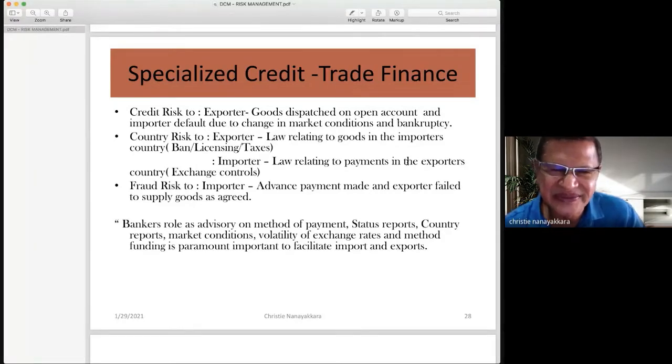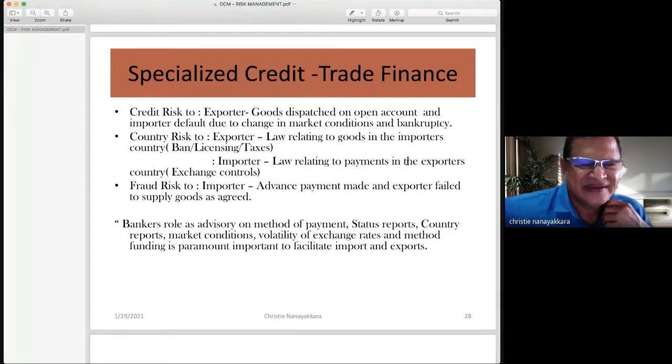I use the same slide to show how you can structure a facility, because by structuring you can also mitigate risk. As I told you, for a housing loan you don't give an overdraft facility. Similarly, trade finance needs a lot of structuring, so this is a good way to learn structuring under this particular header.